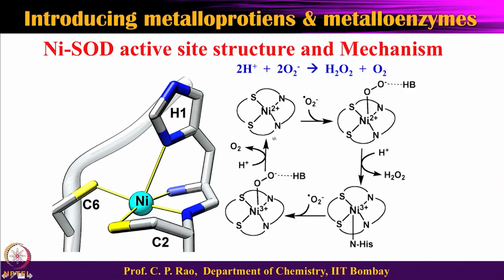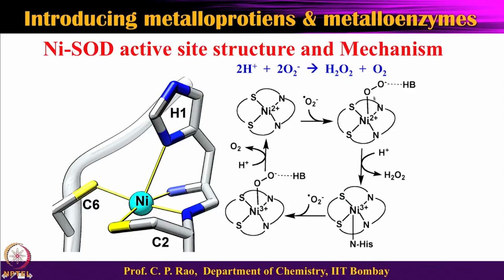So, you have the nickel 2 center; in the presence of the first O2 minus, the O2 minus binds here, stabilized by the BH. There could be COOH, other kinds of things too, could be SH. That is being stabilized over here, and in the presence of H plus, this will give H2O2.